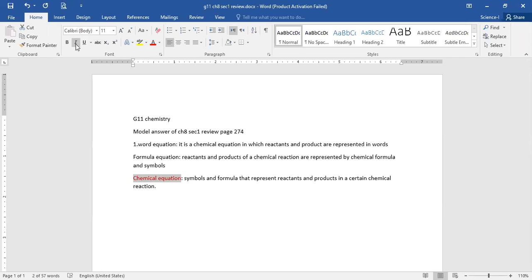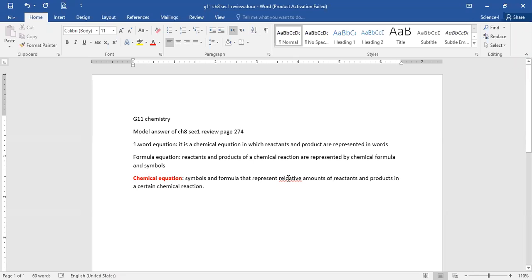That means it's a general definition, a group of symbols and formulas that represent the reactants and the products and even the conditions of the chemical reaction that happens. So here we should add a part: represent relative amounts of reactants and products.